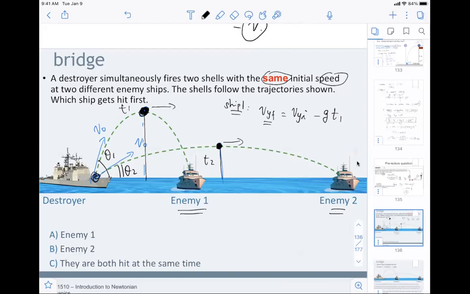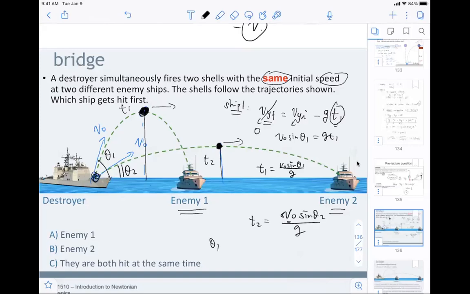We only have a horizontal velocity in this case. So you can see that you can calculate this T1. Vy initial is V naught sine theta 1, as we said, equal to g T1. So T1 is V naught sine theta 1 over g. Likewise, T2 is V naught, same speed, but at a different angle, theta 2, over g.